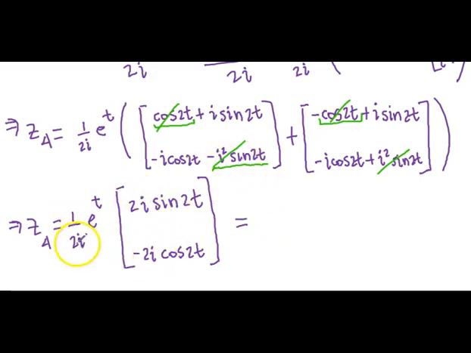These numerators are going to simplify with that denominator, the factor 1 over 2i, and so we will end up with z4 being, on the first entry, e to the t sine of 2t, and the second entry negative e to the t cosine of 2t.